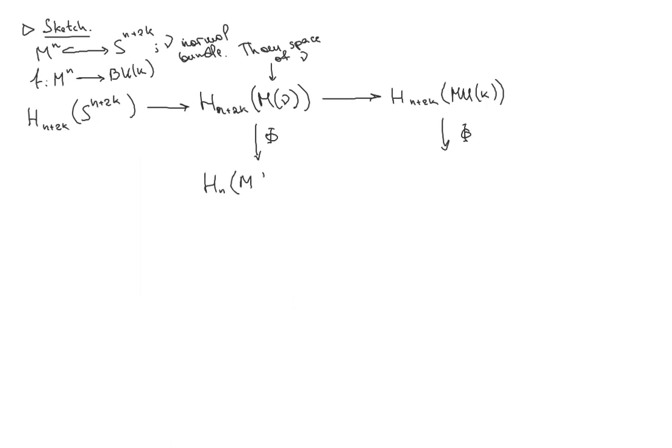And homology of M and homology of BU_k. So we have this commutative diagram. This is just the projection onto the Thom space. This is the map induced by f, f star.